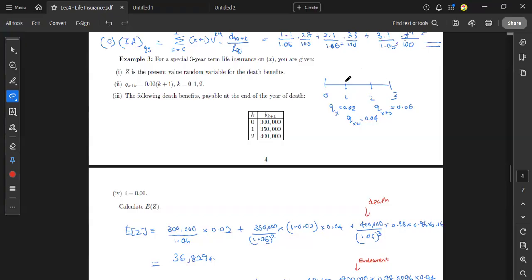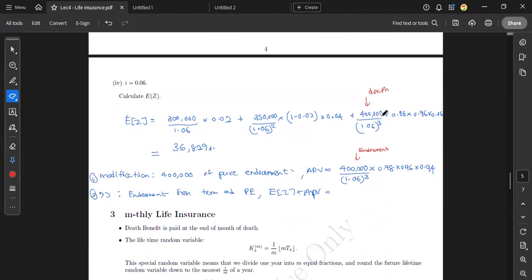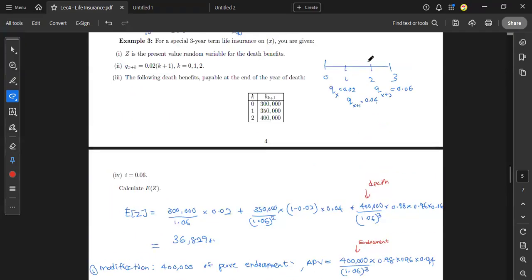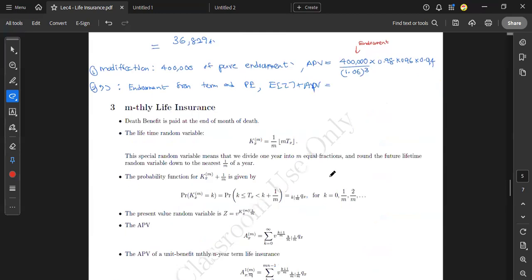So that means if that person survives up to the final year, then there will be a definite payment at the end of the final year. So you just need to get the survival probabilities up to the last year. Then you can multiply by the present value of the final year and get it done.